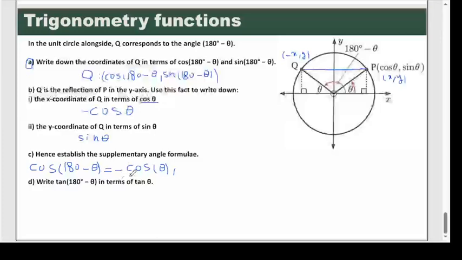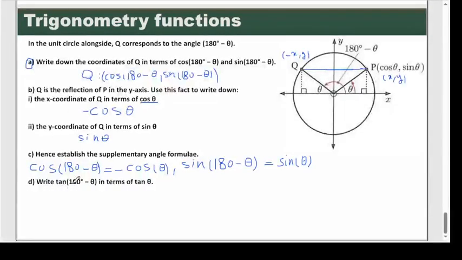And sine of 180 minus any angle, which is here theta, equals exactly the sine of that angle, which is theta here. So only the sign of cosine will change.